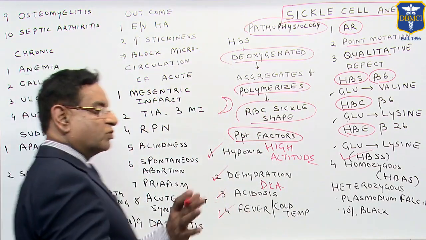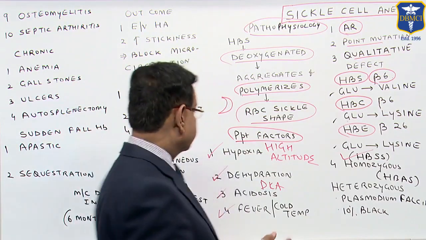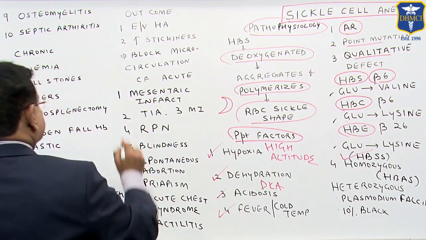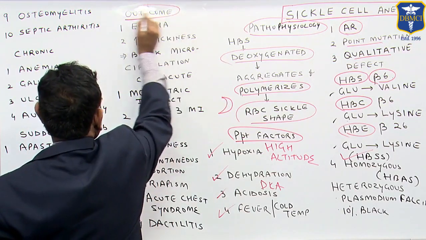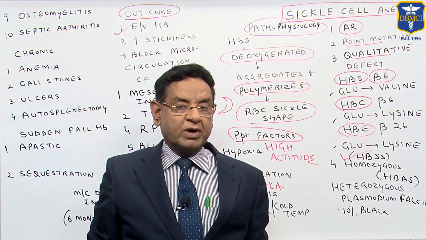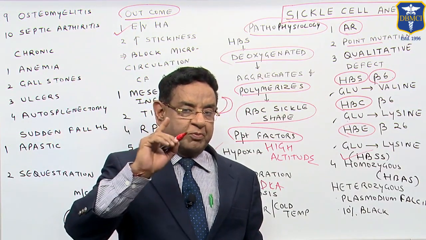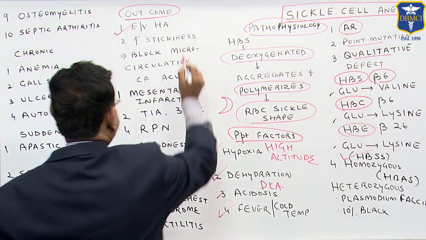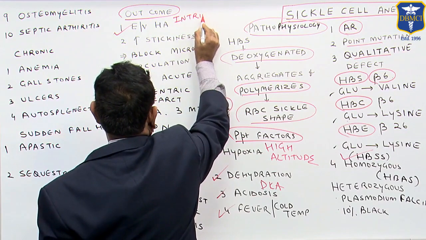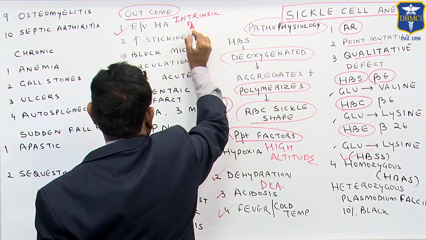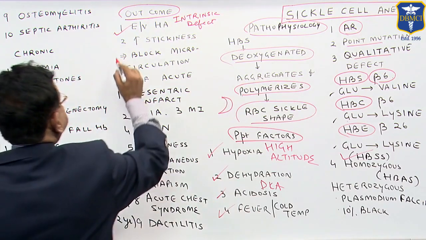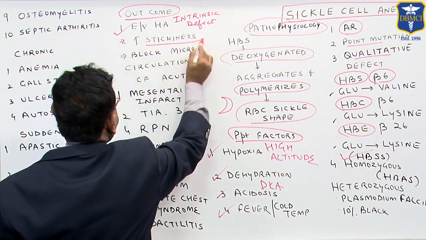Now what is the outcome of this sickling? As the cells are shape distorted, the outcome is extravascular hemolytic anemia, but the point to be noted is that it is an intrinsic defect. The second thing is increased stickiness.